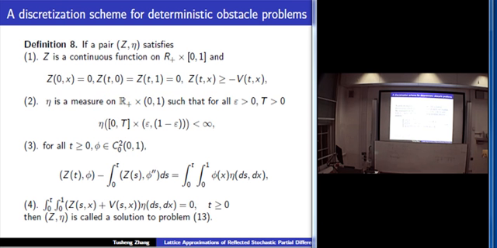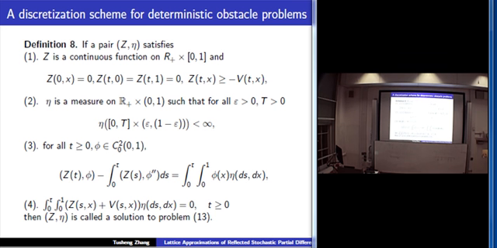So we say that the pair z and eta satisfies the above equation if z is a continuous function, and z is above the given barrier, and eta is a measure, deterministic, not random, which satisfies this technical condition, and also z satisfies the equation in the weak sense of PDE.